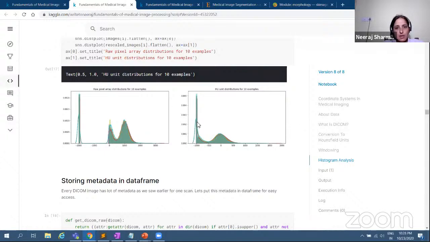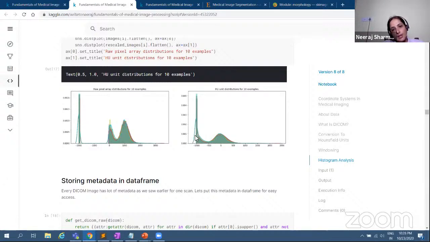But when we convert it to HU, it makes more sense, because whatever was less than -1000, we are not concerned about those values. So we have put 0 here, so nothing is there. A lot of air we can see in the graph that I will show you later, there are a lot of black regions around.